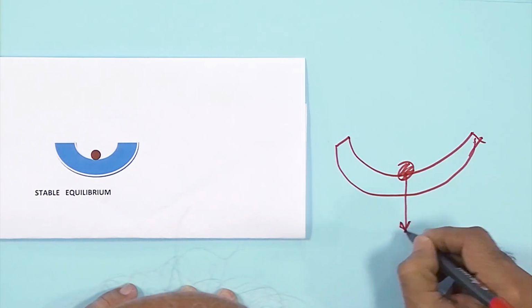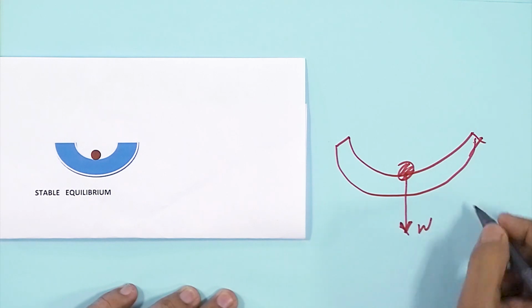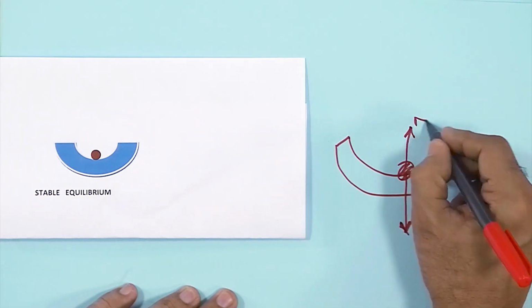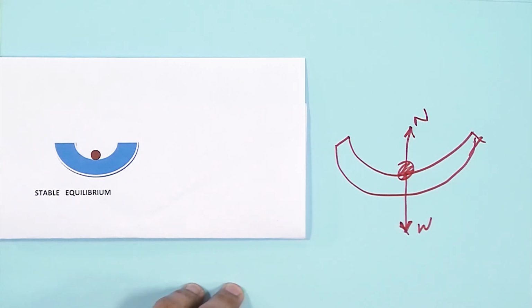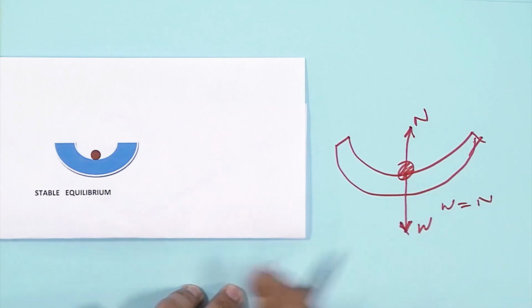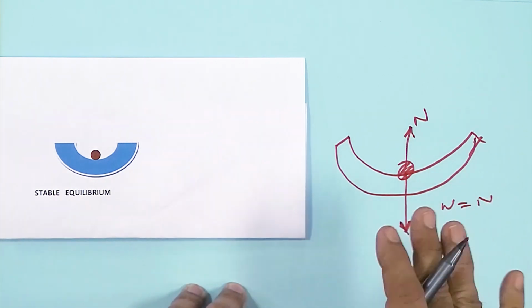Its weight W is acting in the downward direction, and the normal reaction N is acting in the upward direction. Since W is equal to N, the entire system is in equilibrium.